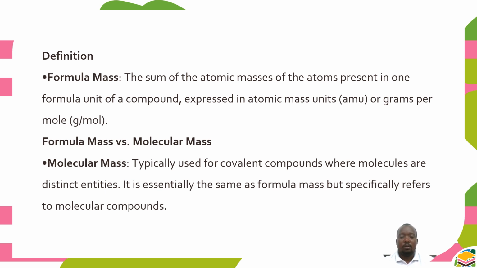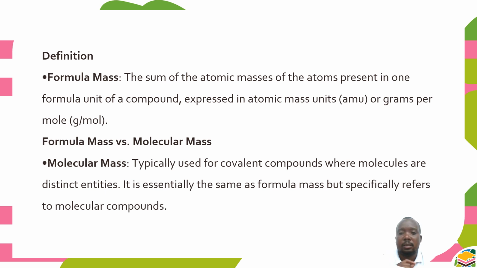Now, formula mass versus molecular mass, are they the same? From the two definitions, molecular mass is typically used for covalent compounds, where molecules are distinct entities. It is essentially the same as formula mass, but specifically refers to covalent compounds.